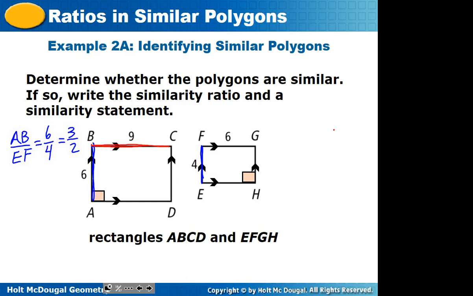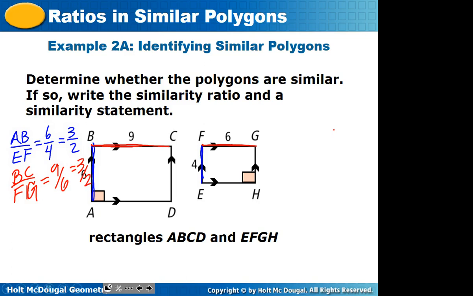So this one we have BC, and BC maps to FG. So it's BC over FG. And again, that's 9 over 6. Both of these can be divided by 3. So this also is 3 over 2.